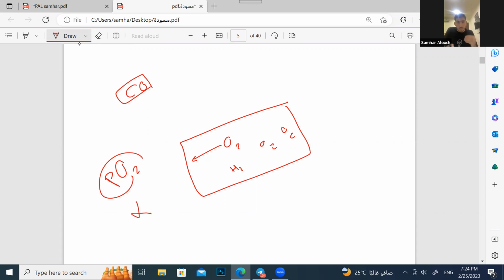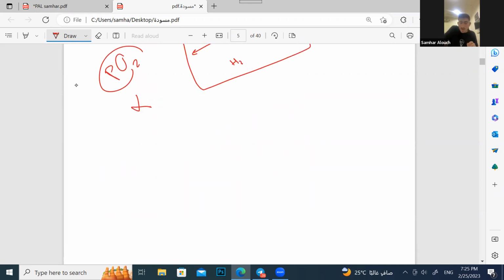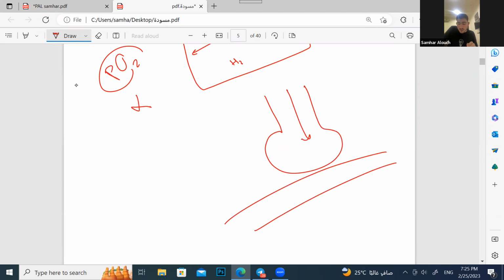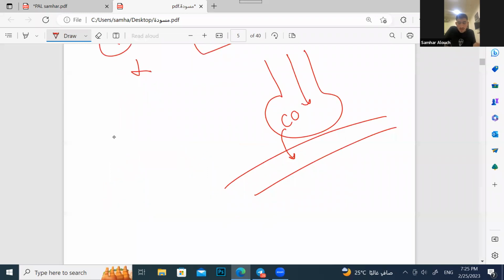It has such a high affinity to hemoglobin that once it enters the capillary, it binds to hemoglobin and causes no pressure. So PCO is 0. What does that mean? When I have the alveoli and the capillary and CO passes to here, it binds to hemoglobin immediately, and once it binds, it will have no pressure. So PCO is 0 here because it's bound to hemoglobin.